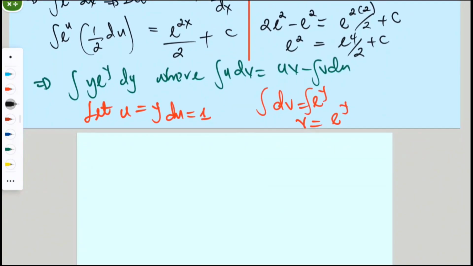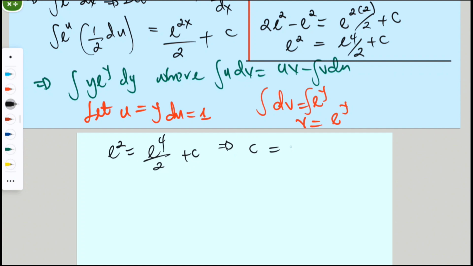So then we should get e squared equal to e to the power 4 over 2 plus c. And this implies c is e squared minus e to the power 4 over 2.